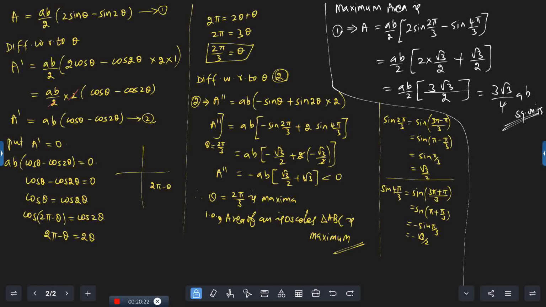So this is the maximum area. I hope you understand. Read the question carefully. If you don't find the area in the board exam, they will take 1.5 marks, even in a 3 mark question. They asked for area, so be careful. Can I go to the next question?